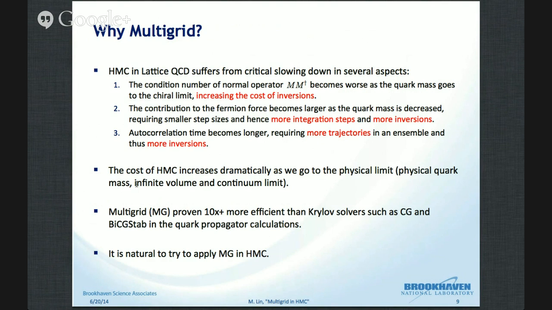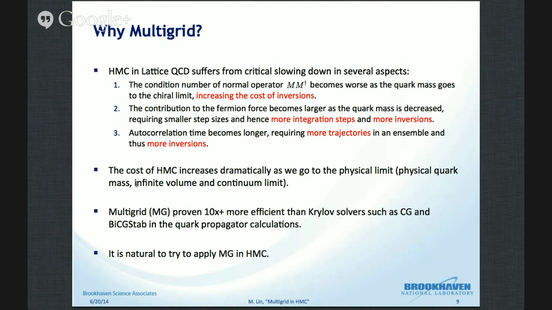The third point is the autocorrelation time may become longer when you have a lighter quark mass, and you'll need more trajectories in an ensemble to get the same number of independent gauge configurations. So that means you need a longer ensemble and a lot more inversions. So you can see there's a lot of room for improvement in the HMC algorithm because there are so many matrix inversions involved, especially when you go to lighter quark masses and larger lattice volumes.